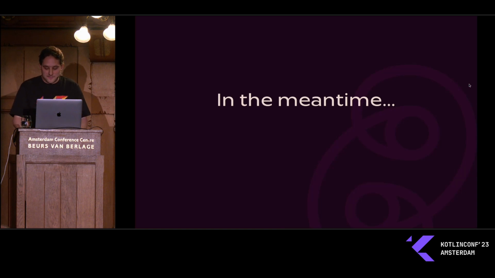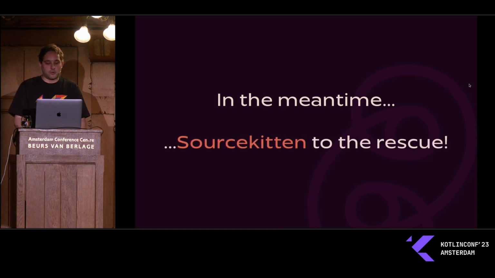There's a tool called SourceKitten, and SourceKitten is a front end to the Apple library SourceKit. SourceKit is a library that instruments both Objective-C and Swift code and does some magic between them.